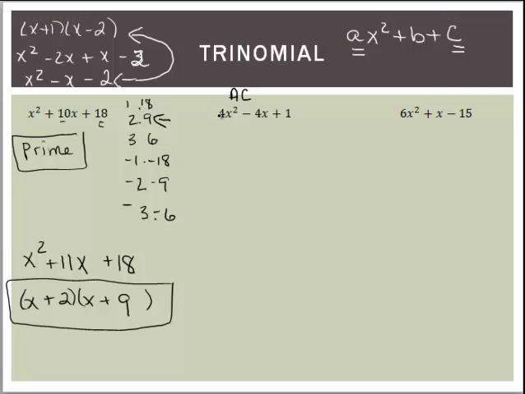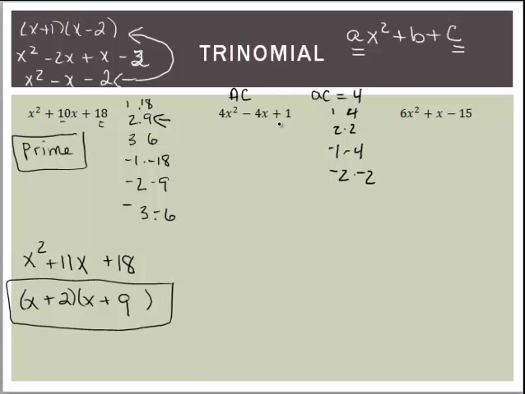So in this case, you want to multiply a and c together. AC is equal to 4. Write down the factors of that number. So 1 times 4, 2 times 2. But since it's a positive 4, you could also have negative 1 times negative 4 and negative 2 times negative 2.